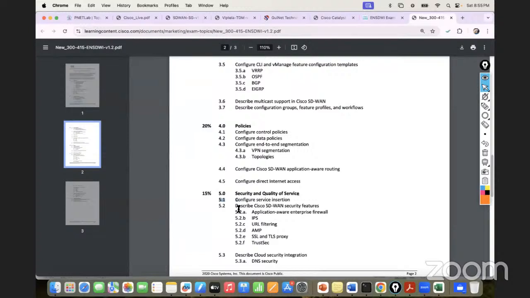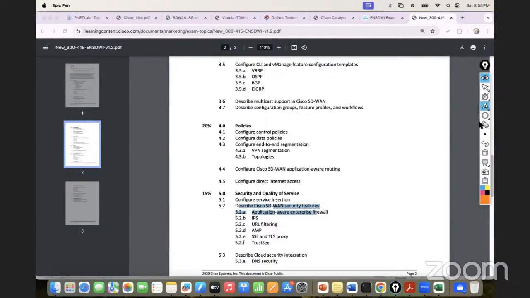Then we have to understand, because I'm a security trainer as well, so I'm very much interested to explain security stuff, because I keep giving training on Cisco ASA, Palo Alto, Checkpoint, FortiGate, Zscaler. So when I come to Cisco SD-WAN, it also has all the security features available.